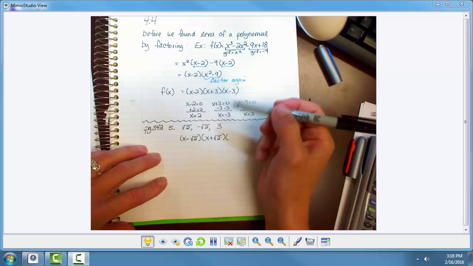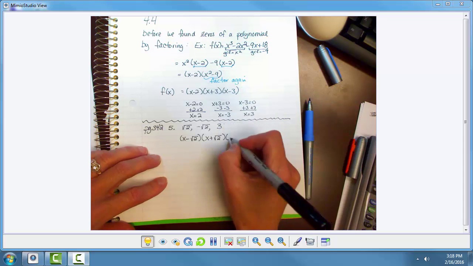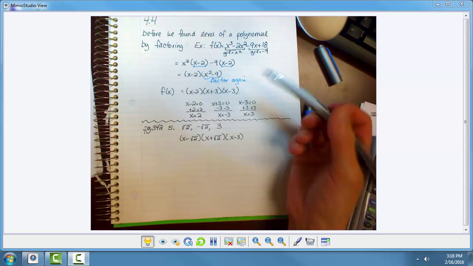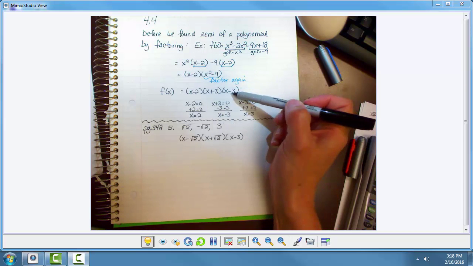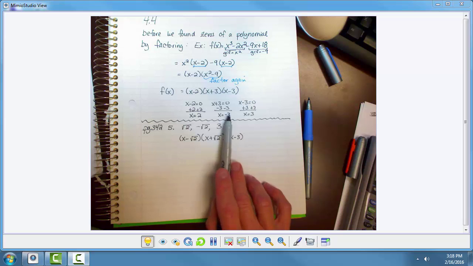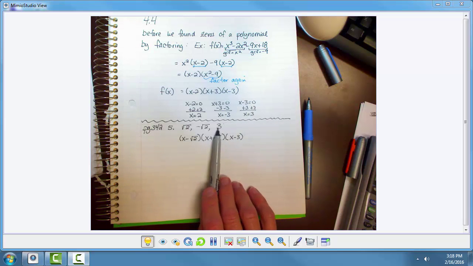To get the zero of 3, it must have factored as x minus 3. You have to add the opposite. Over here, the factor was x plus 3, but to solve for x, we subtracted 3 from both sides. So the same thing here: it's like the opposite in the factor.